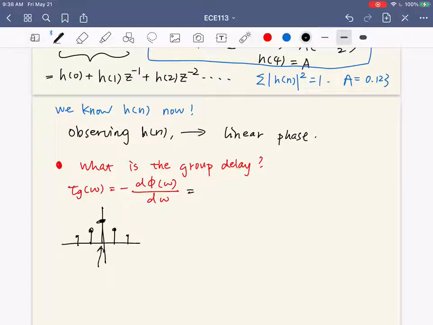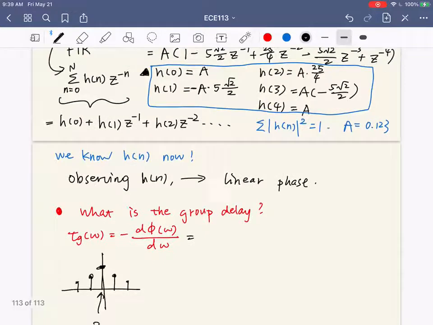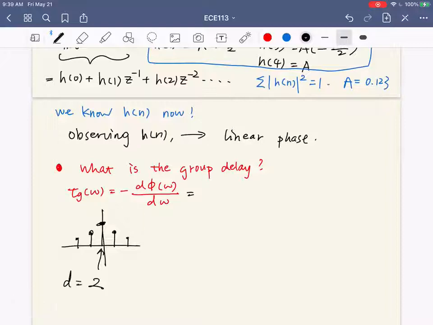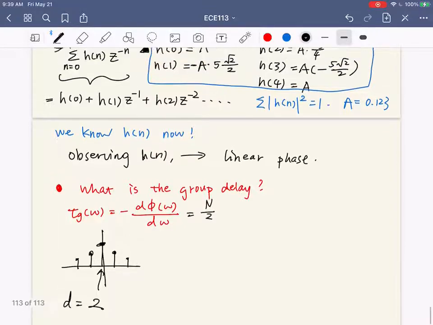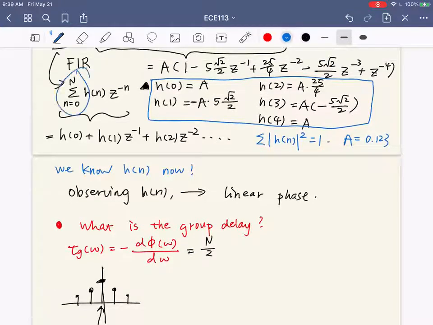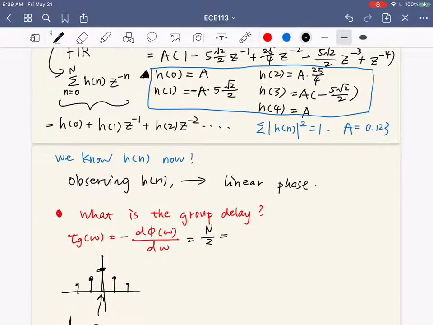The center is 2, right? 0, 1, 2, 3, 4, and you see 2 is its center. So group delay is 2. The other way to say that is n over 2, and we know that n here is 4. It goes from 0 to n, and n is 4. So it is 4 over 2, and it is 2.